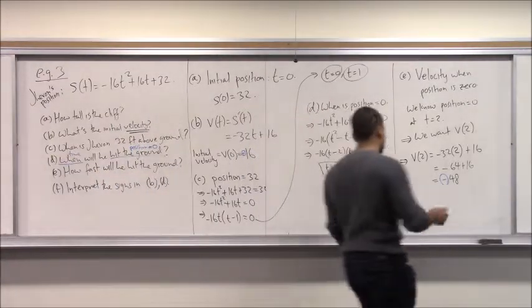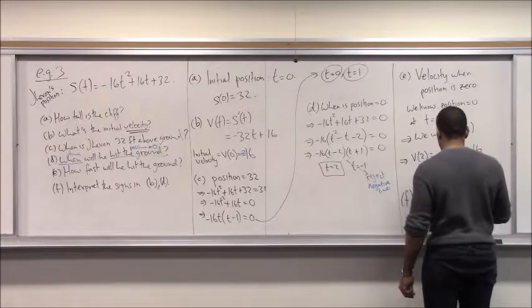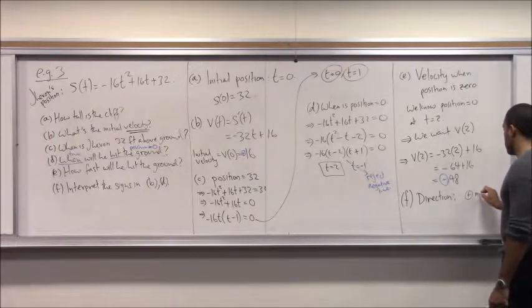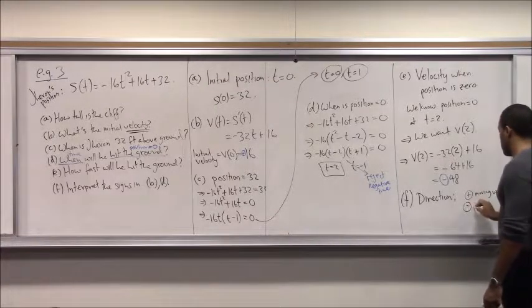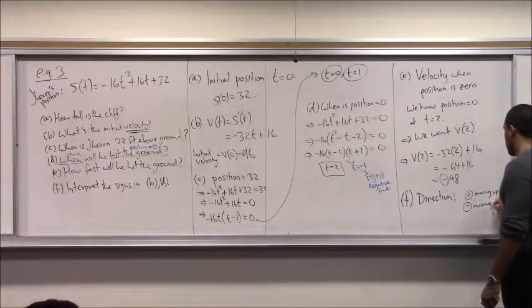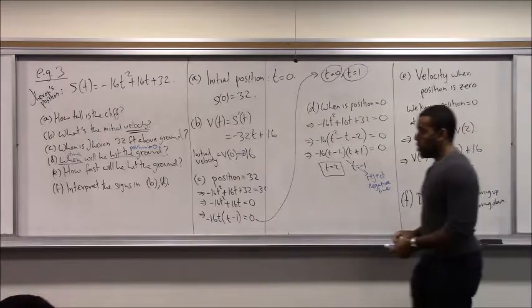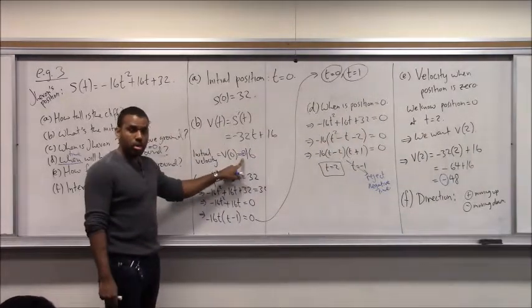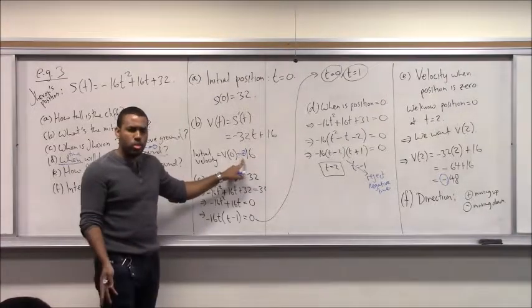So the common interpretation here is direction, right? Positive means moving up, and negative means moving down. So it started up. This means initially when they throw him off, they threw him up, which made sense when we're drawing: after 1 second he's at the same place he was before.